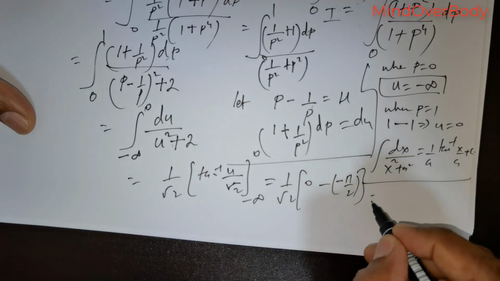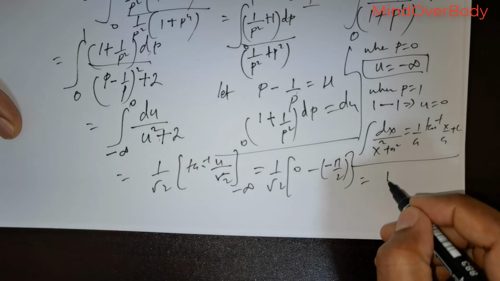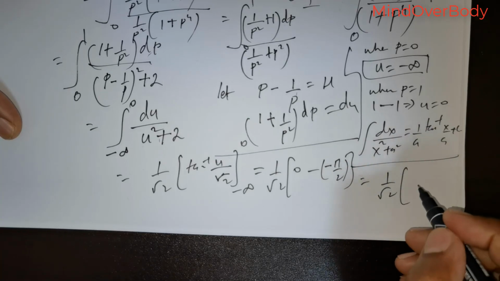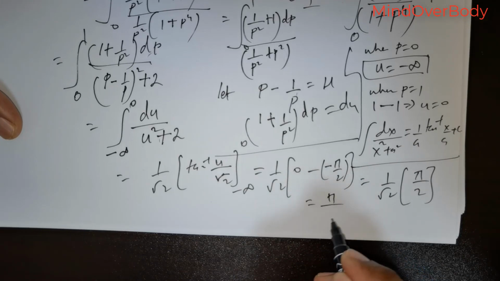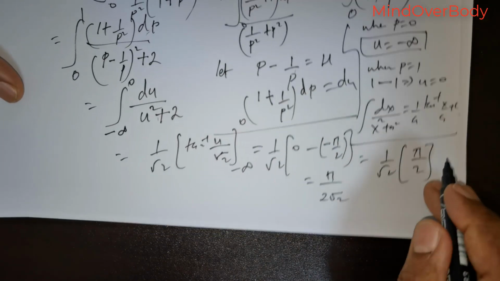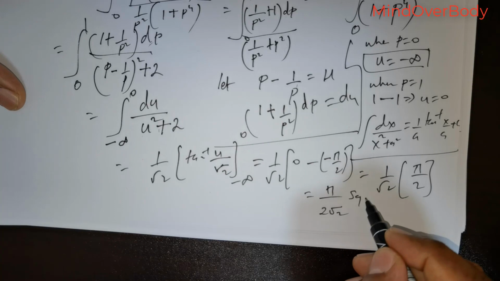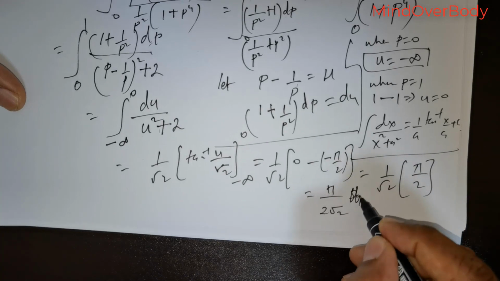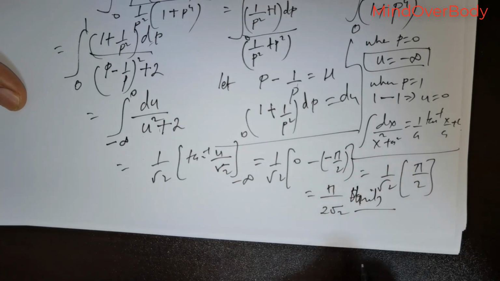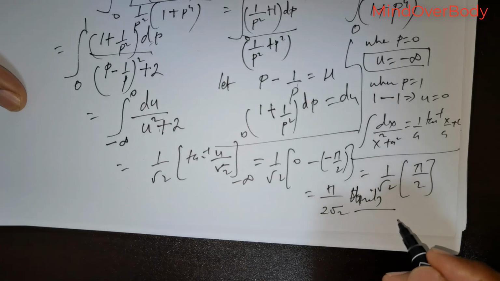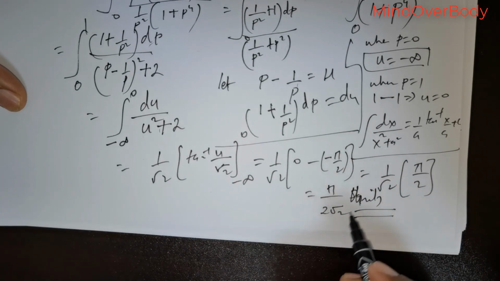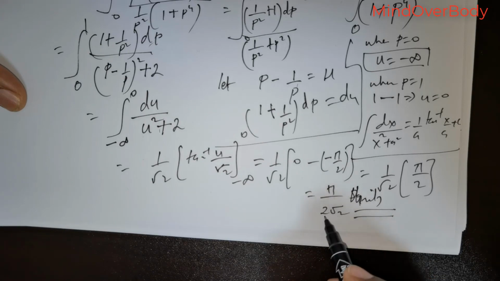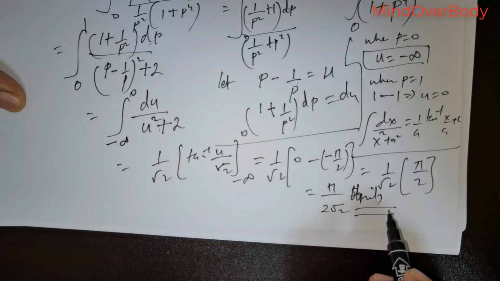Negative negative positive is going to be pi over 2, so you have 1 over root 2 times pi over 2, which is pi over 2 times root 2 units. I need to just say units. I don't want to say square units because I just completed an algebraic problem, so that's why the square is on my mind. So the value is pi over 2 times root 2 units.